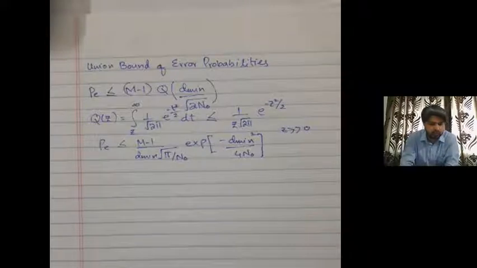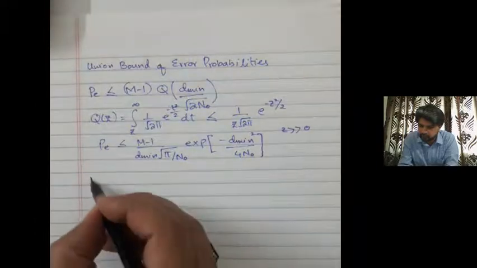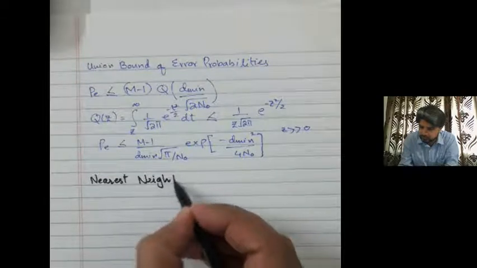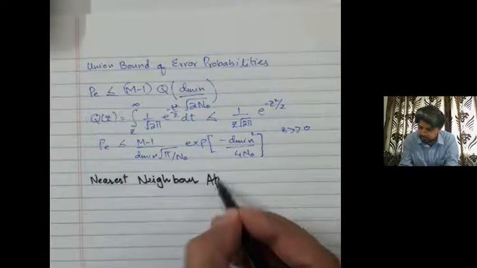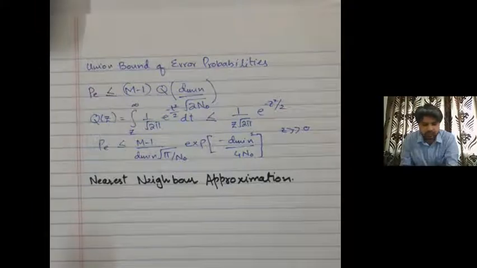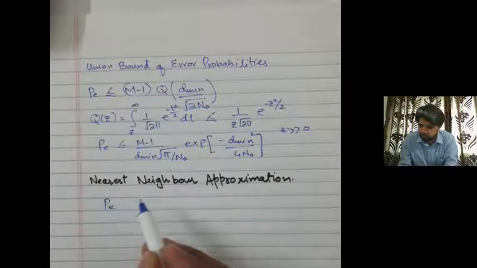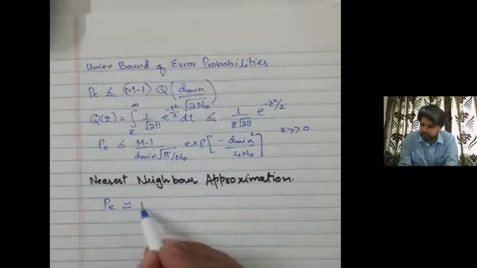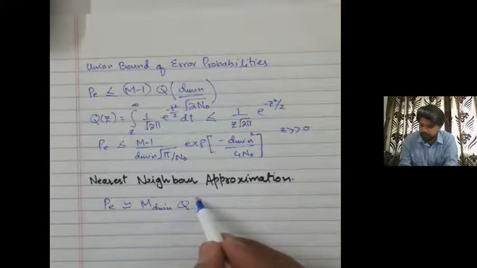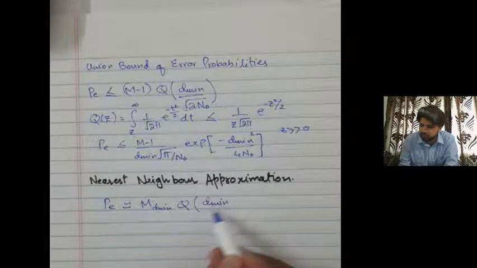And then we also talked about what is called the nearest neighbor approximation. The nearest neighbor approximation says that your symbol error probability is approximately the minimum number of nearest neighbors times Q function of d min over root 2 N naught.